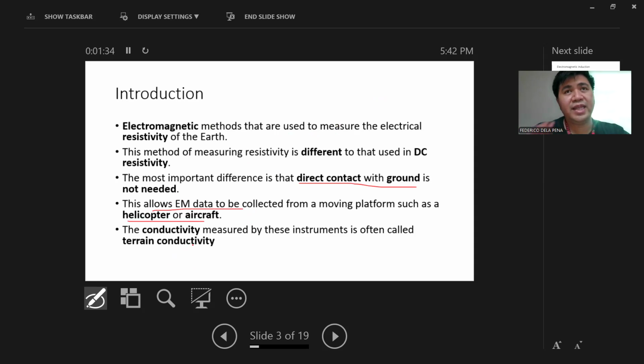And of course, with that, you can cover a large area, compared to a conventional resistivity method. Right? And if you remember, conductivity is simply the inverse of resistivity. Conductivity is measured in Siemens, while resistivity is measured in ohm meter.